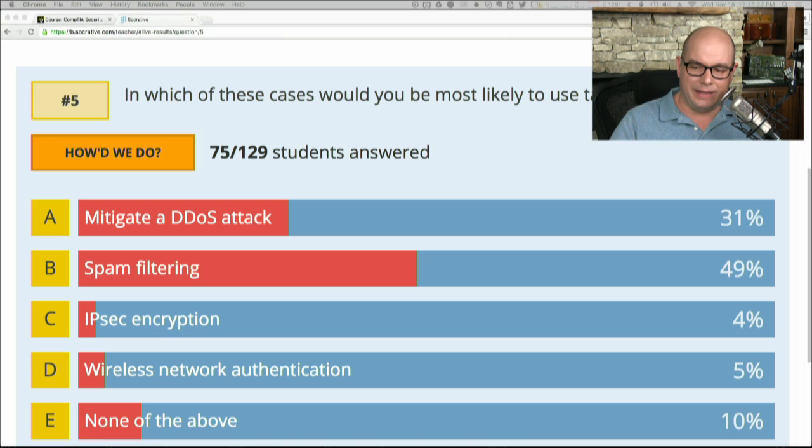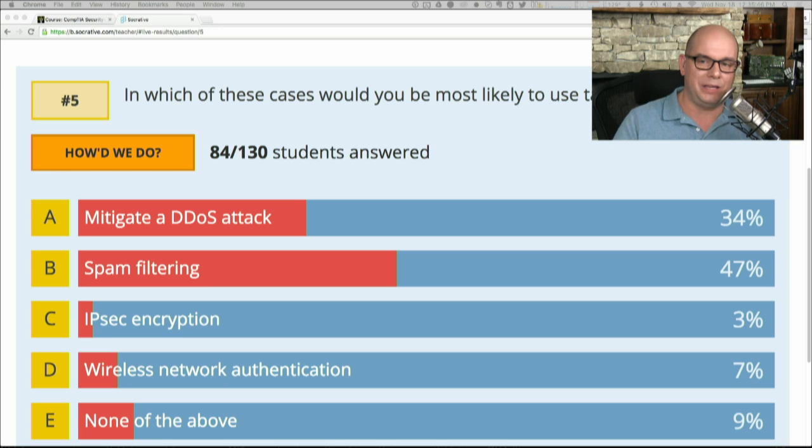Well, I've got a few different answers here, and most of you, 49% of you, chose spam filtering. So I think if we had to choose, it's not a majority, but what do most people think? It would be spam filtering. Mitigating a DDoS attack, 32% of you said, oh, no. So if you want to use tarpitting, mitigating a DDoS attack is the best way to do that.